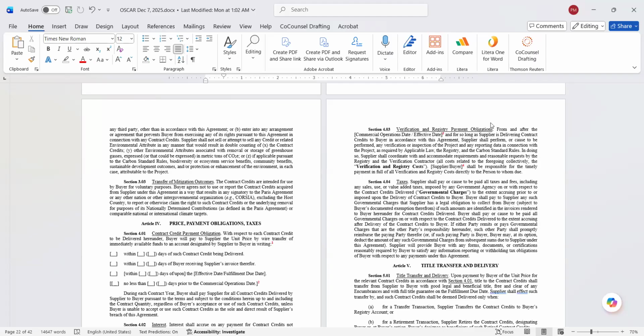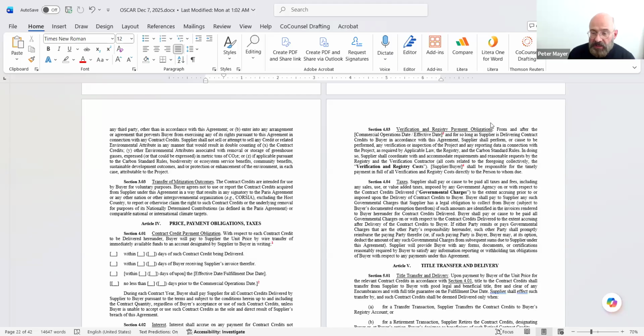Why I'm interested in this is because I feel like there should be differences when it comes to different types of CDR credits, whether it is direct air capture or mineralization. So I'm just curious to hear about the learnings that you've gone through.